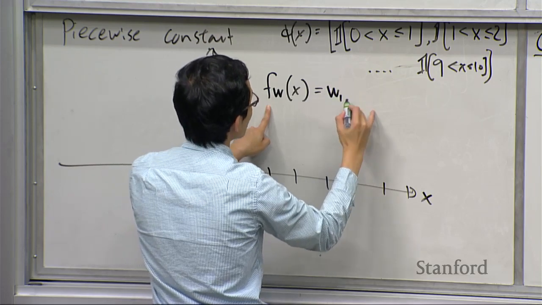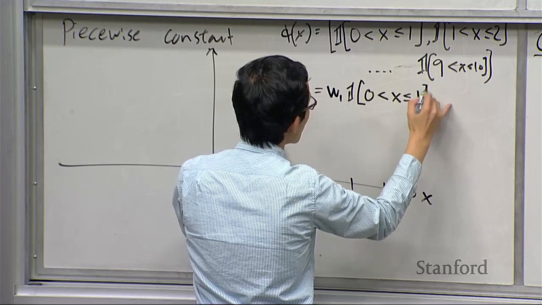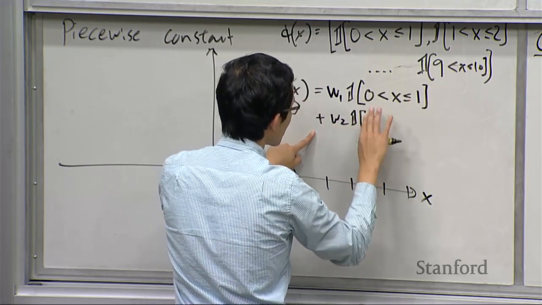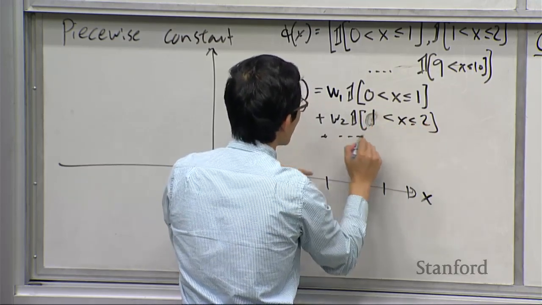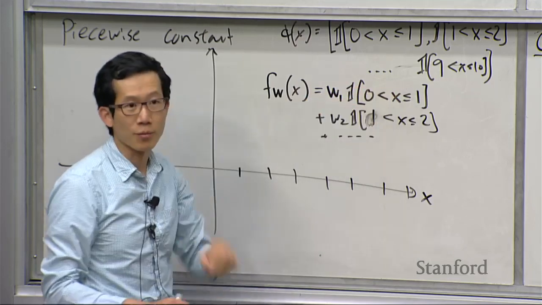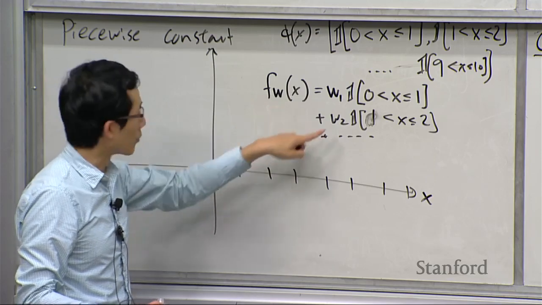Let me just write it out kind of manually. So the weight is a coefficient on top of that. So if x, for example, is 0.5, what is the function value here? W1, right?